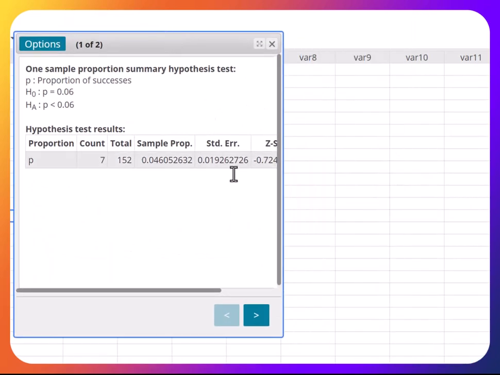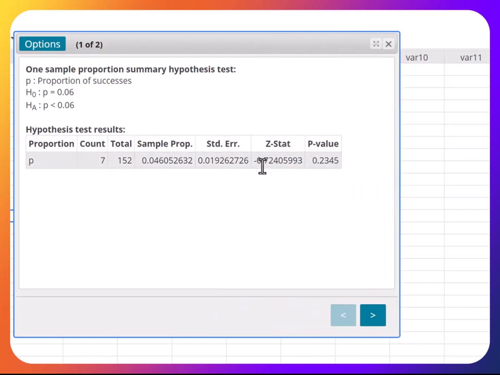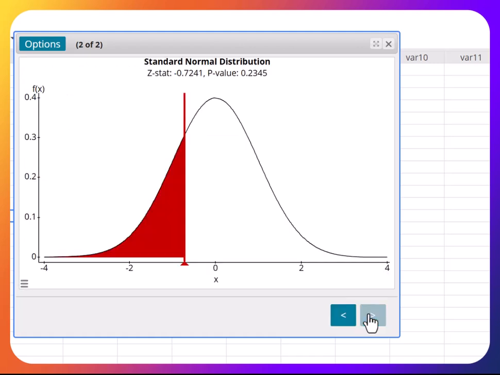Z is negative 0.72, and p-value, look, it's huge. You want to see it? It's going to be lots of shading on the left. Look. When you see too much shading, that means you fail to reject H0.